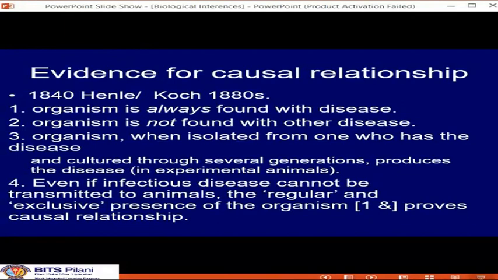Criteria 4 was added by Robert Koch to say that even if criteria 3 could not be shown or proven, if criteria 1 and 2 are there, then we can still say it is causal. These are commonly, in colloquial terms, referred to as Koch's postulates.